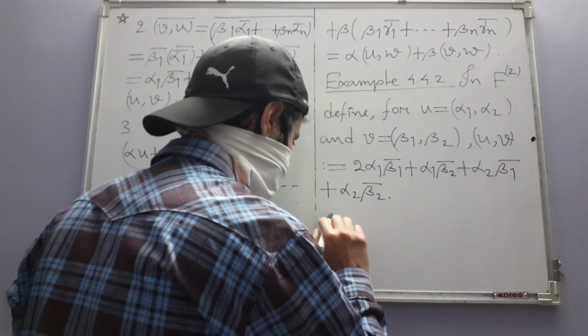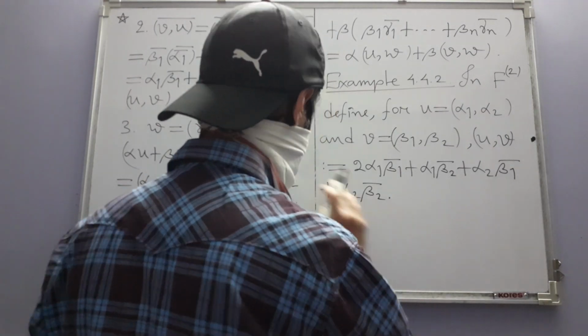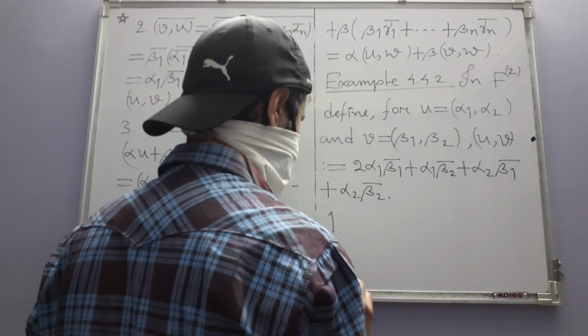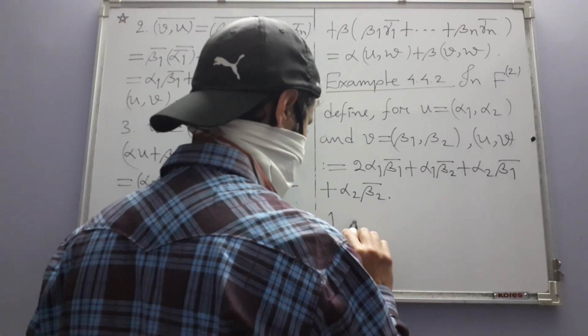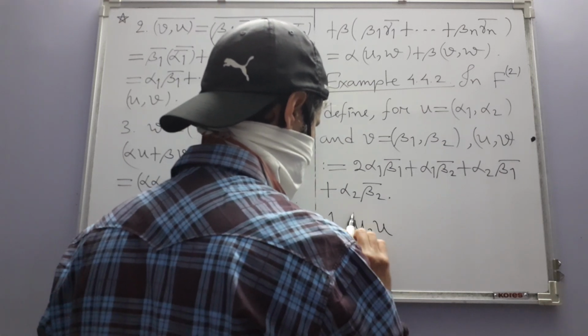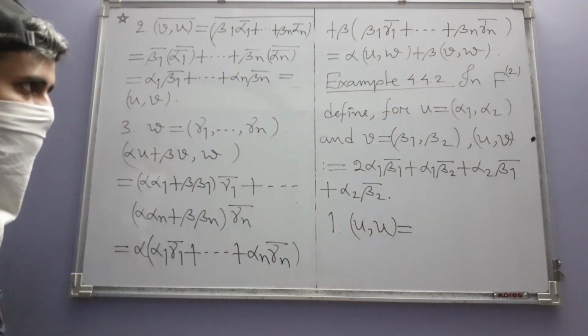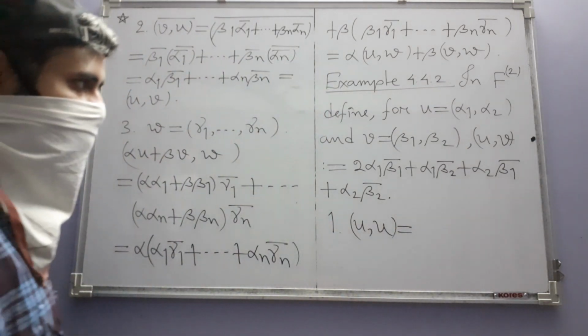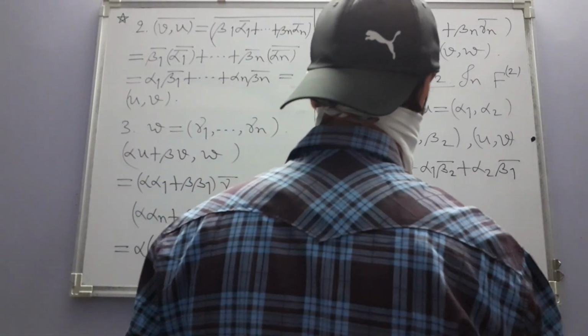The first one goes like this, just like how that one went. So what we first do, we first calculate u comma u. So now we do not have any betas, only alphas.